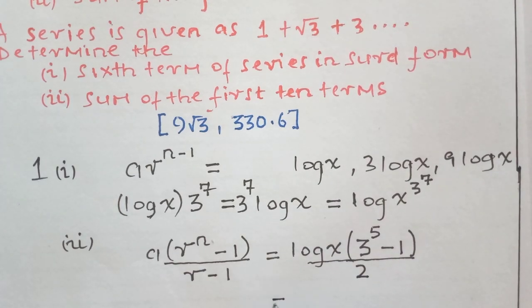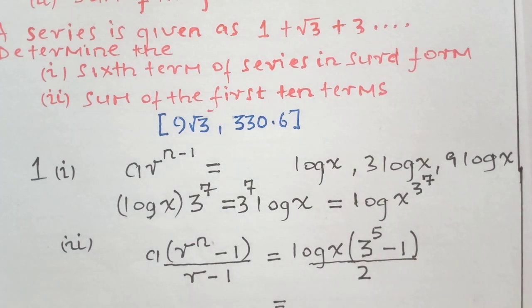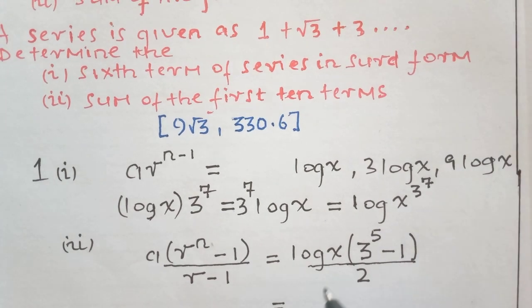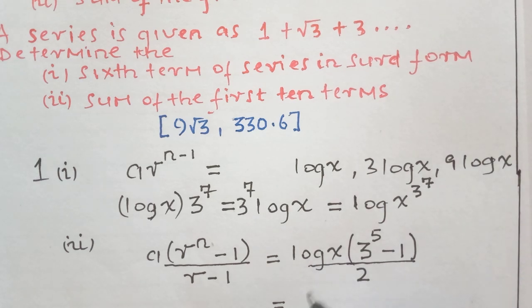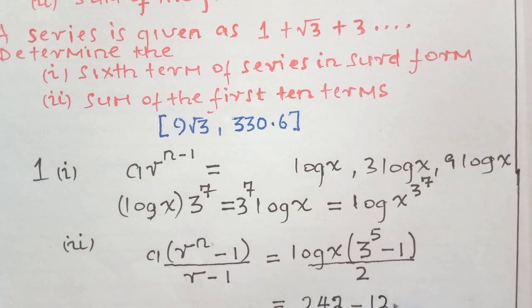So you can first of all write 3 raised to 5, you can find it from the calculator. 3 raised to 5 equals 243. Here we have 243 minus 1 is 242, all over 2, which gives us 121.